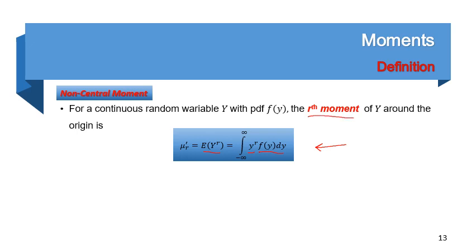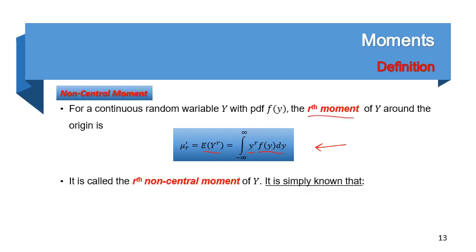So if it's power 1, we call it the first moment. If it's power 2, we call it the second moment. It's supposed to be the first non-central moment. This is the second non-central moment, and so on. Even if it's power 3, it will be the third non-central moment, or sometimes for simplicity we call them raw moments.